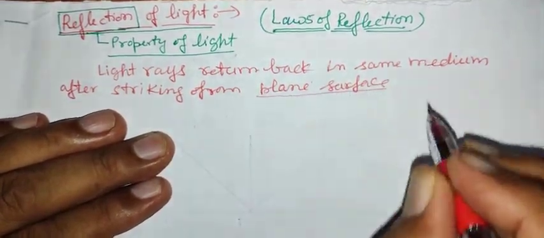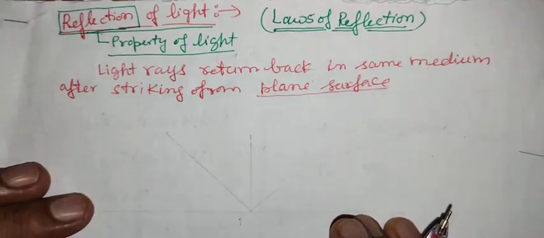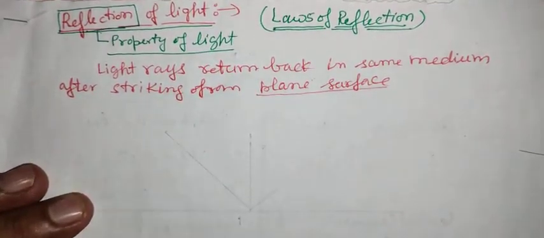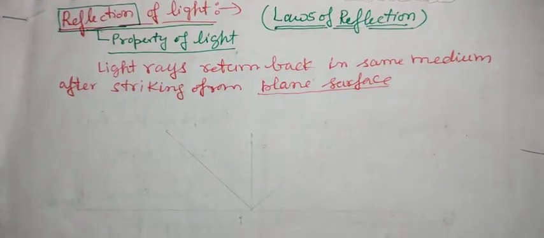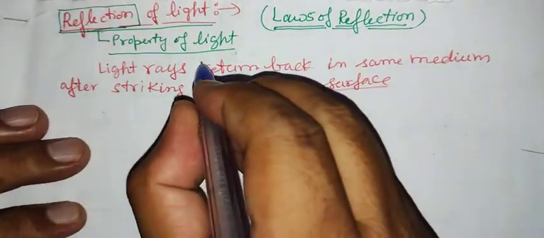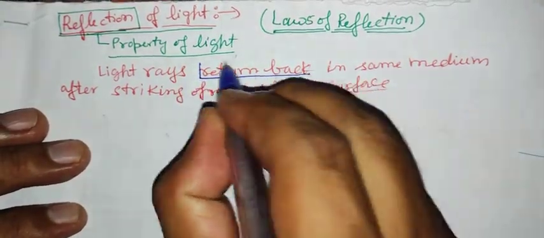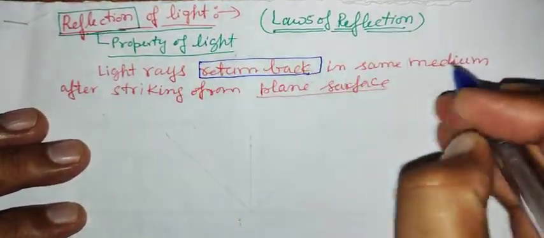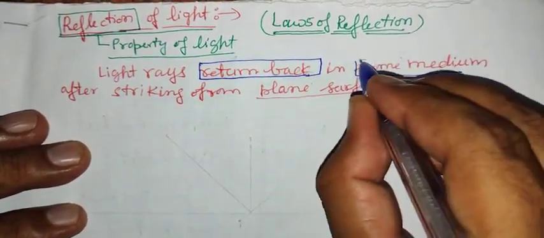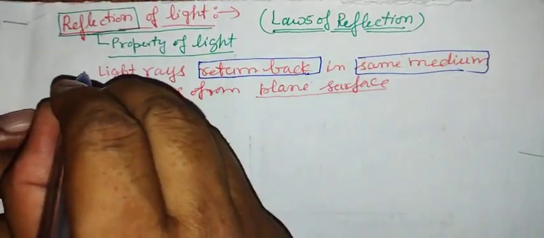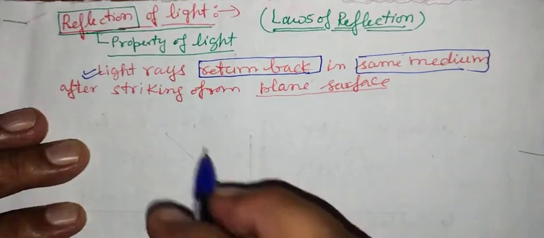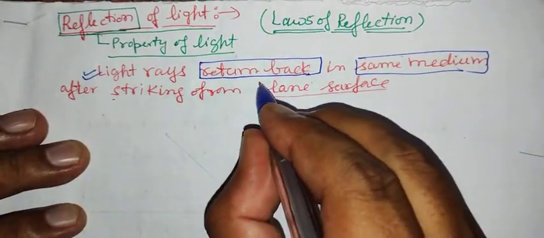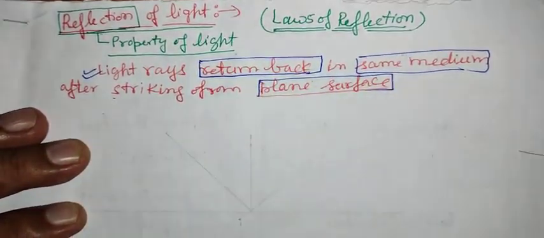A plane surface may be a plane mirror or a polished surface, anything. So in whole of this, what is it? Return back in the same medium. Who returns back? Light rays after striking from a plane surface.